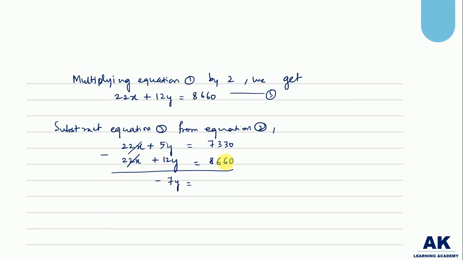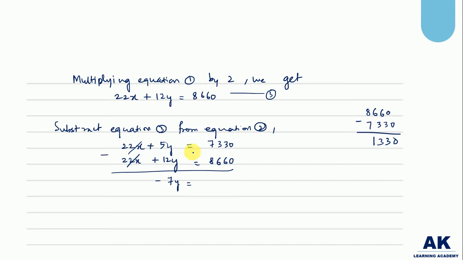I cannot subtract 8660 from 7330, so I have to subtract 7330 from 8660. So 8660 minus 7330: 0 minus 0 is 0, 6 minus 3 is 3, 6 minus 3 is 3, 8 minus 7 is 1.